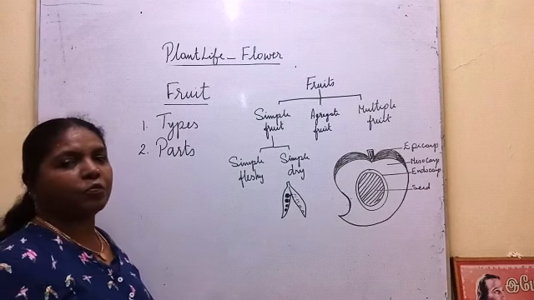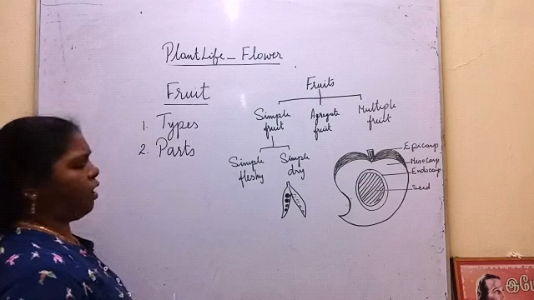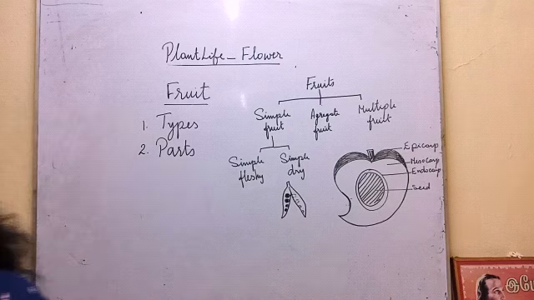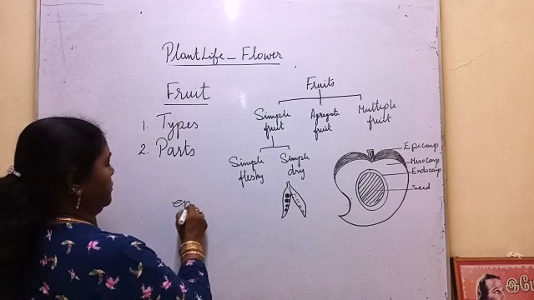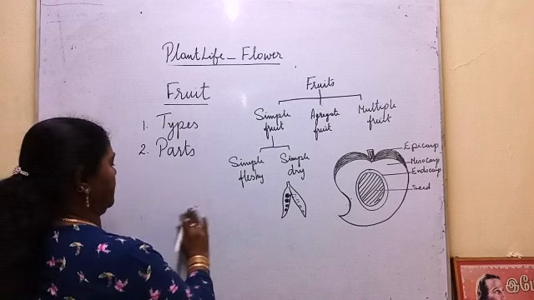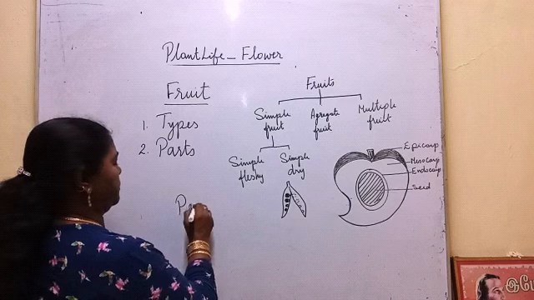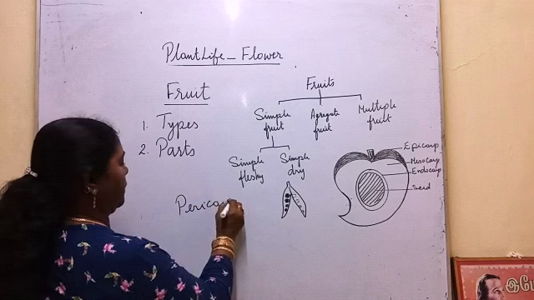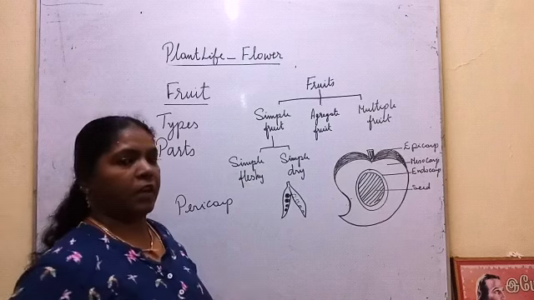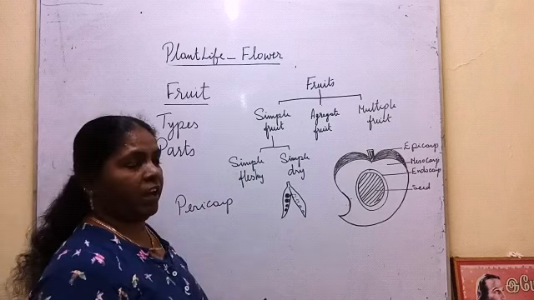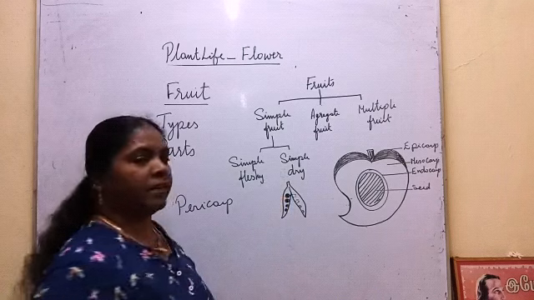The fruit wall is called pericarp. If the pericarp is fleshy, it comes under simple fleshy. If the pericarp is dry, it comes under simple dry fruits.